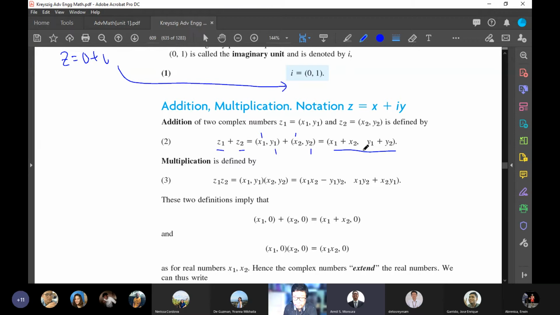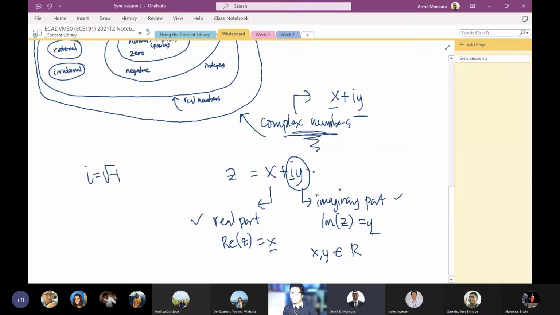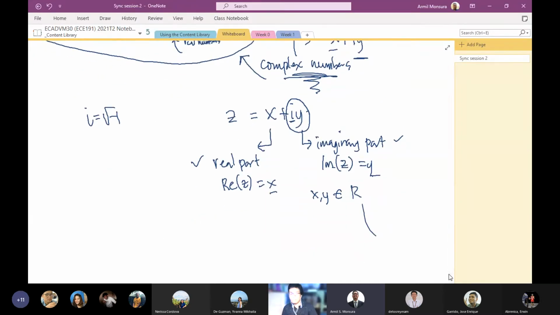The first number of the ordered pair is the sum of the first numbers, x1 and x2. And then the second number of the sum would be the sum of the second numbers, so y1 plus y2. So, addition of complex numbers.